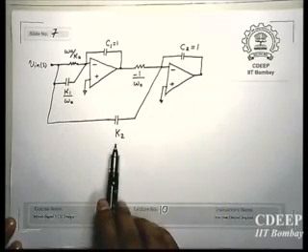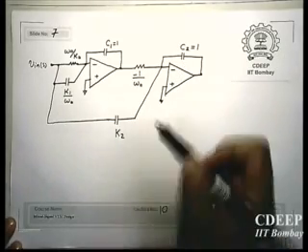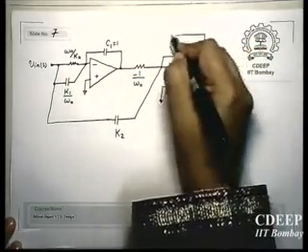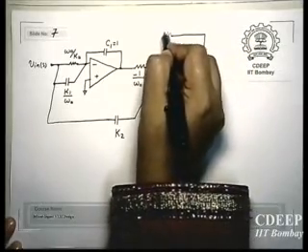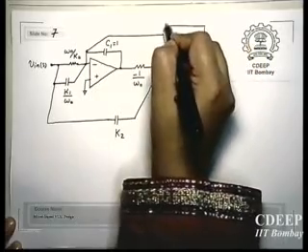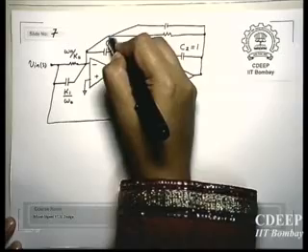We have a forward by capacitor K2. Then we have an RC feedback from output to input. So it's a universal biquad.